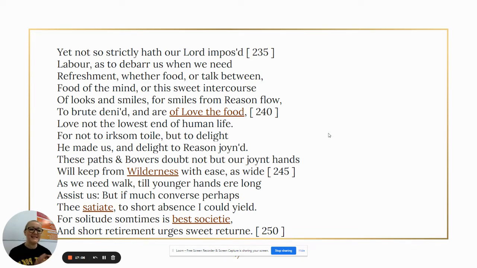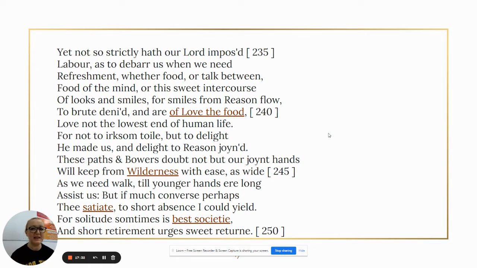And then he says, but if much converse perhaps thee satiate, if maybe you've had enough of conversation with me lately, to short absence I could yield. For solitude sometimes is best society, and short retirement urges sweet return. So, okay, if you're really saying that you've had enough, maybe you could go off for a short time, because then you'll miss me and you'll come back.